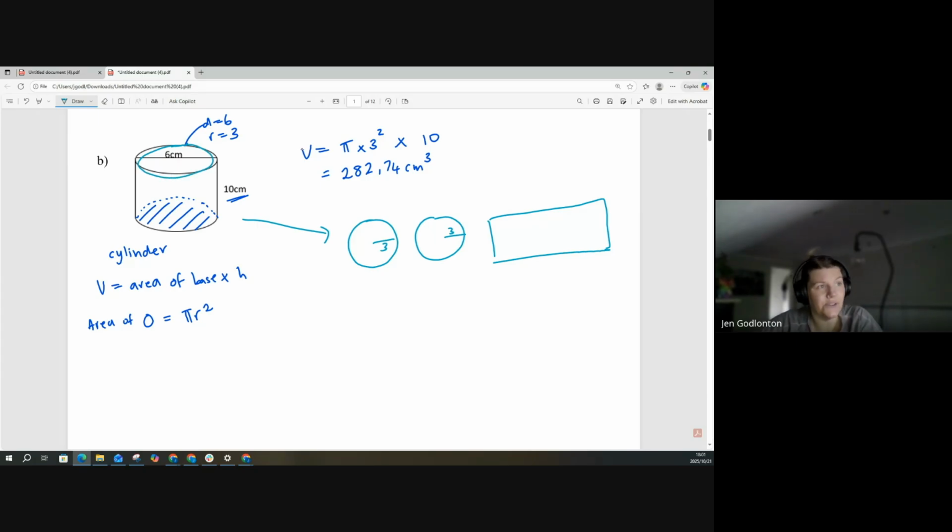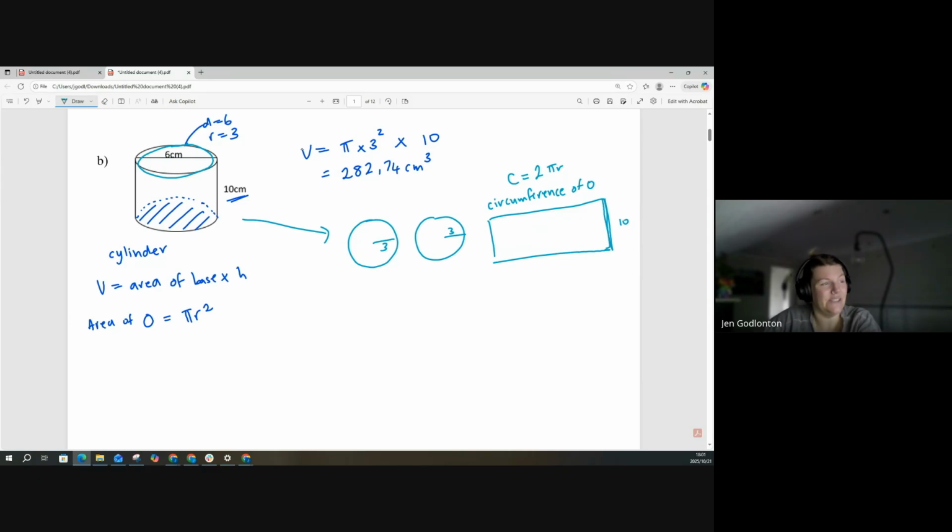So it's the circumference of the circle is this length. And to get the circumference of a circle, does anyone remember how to get the circumference of a circle? You can either think of it as 2 pi r or pi d. And this is the 10 centimeters.